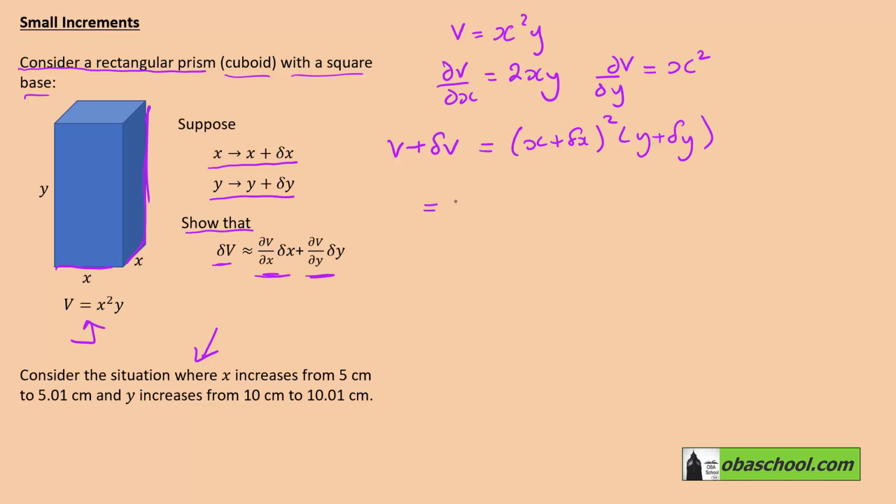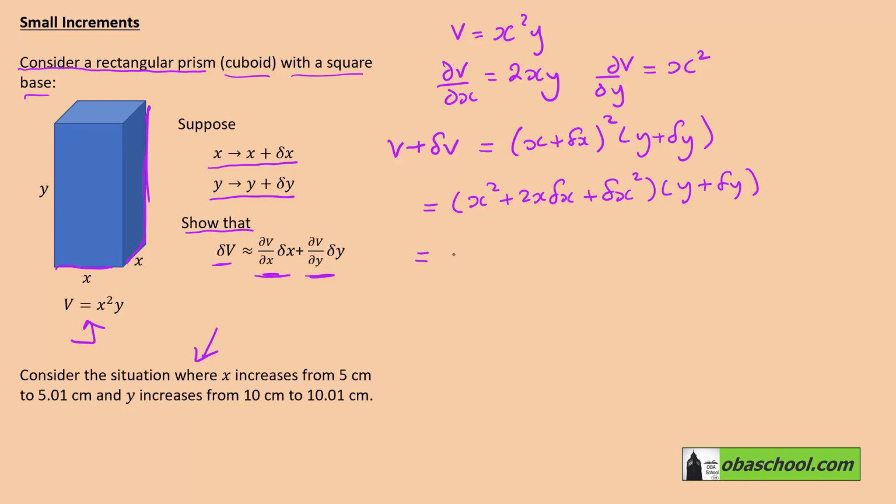So we can expand that out. And we get x squared plus 2x delta x plus delta x squared multiplied by y plus delta y.